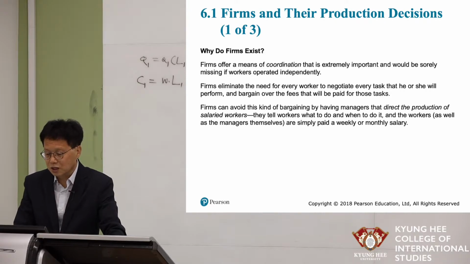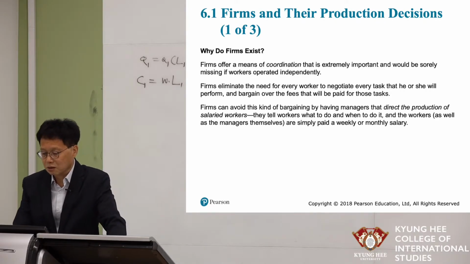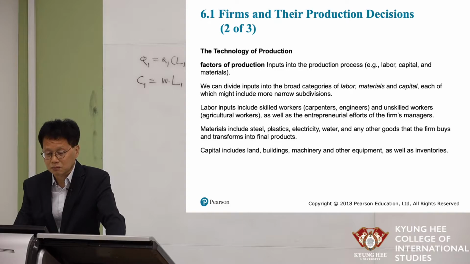A firm can avoid this kind of bargaining by having managers direct the production of salaried workers. They tell workers what to do and when to do it, and the workers are simply paid a weekly or monthly salary. That happens because of the existence of firms.